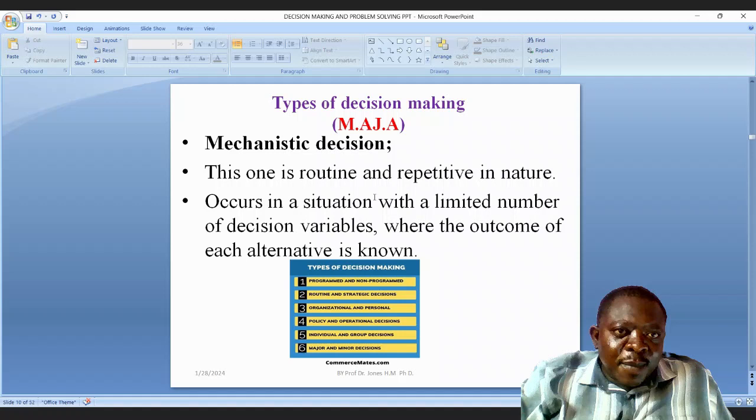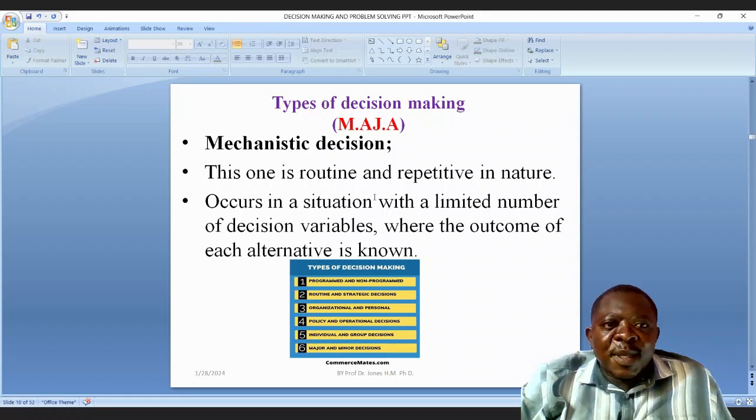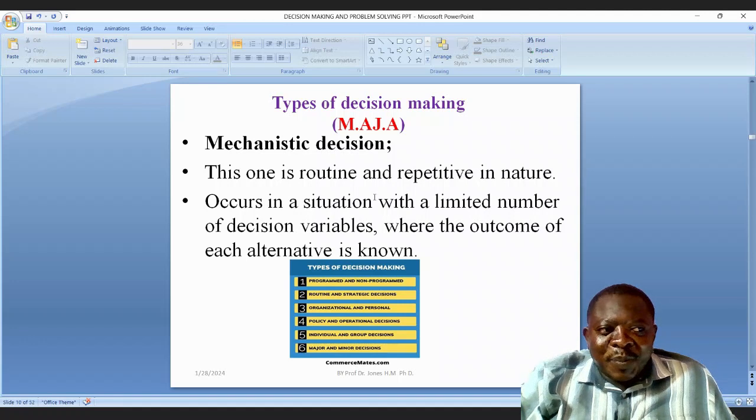When you talk of mechanistic decisions, we are looking at the types of decision that are routine and repetitive in nature. They occur in a situation with a limited number of decision variables where the outcomes of each alternative are known. These are decisions that we make and they determine the outcome.